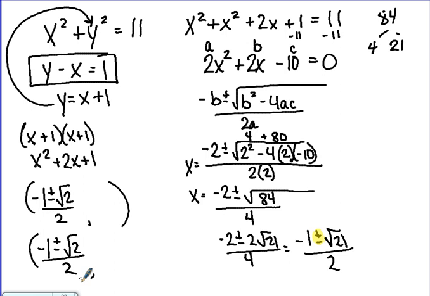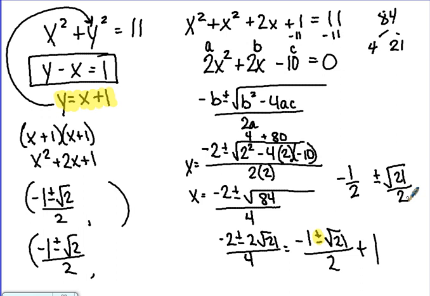Now, what we're going to do is we need to solve for y. If we remember over here that y equals x plus 1, really all I need to do is add 1 to my irrational answer. When you write irrationals, you can write them separately. We haven't talked about this before. But if I was to write this answer separately, it would be negative 1/2 plus or minus square root of 21 over 2.